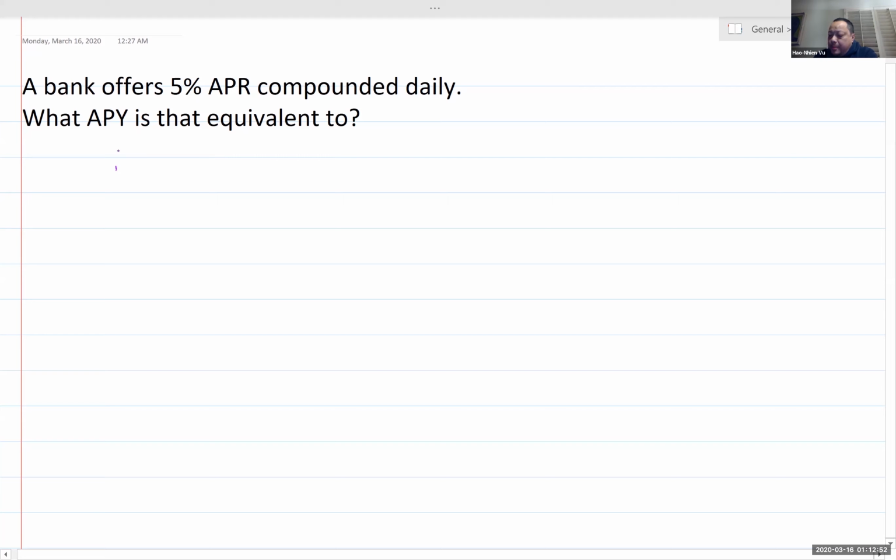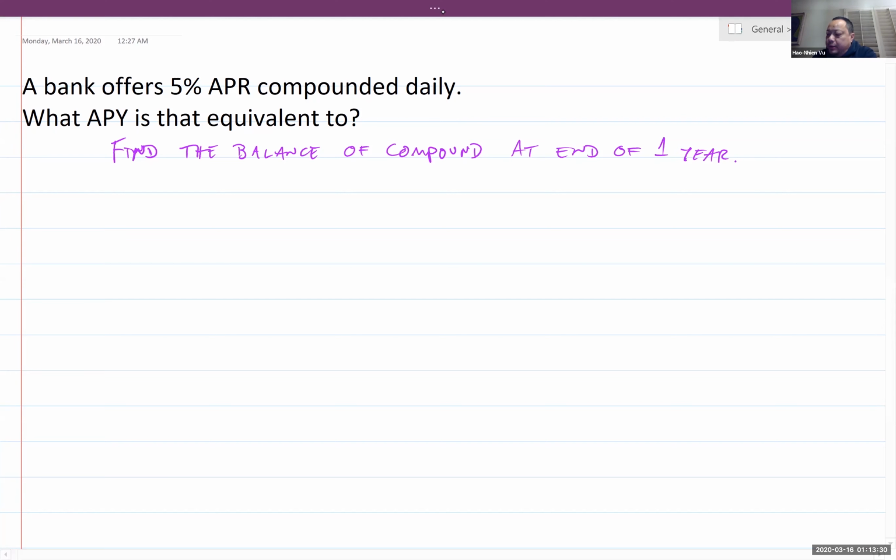So first I'm gonna find the balance of compound interest at the end of 1 year. Okay. So that's the part where I find the end of that purple line. That's why I use purple pen there.